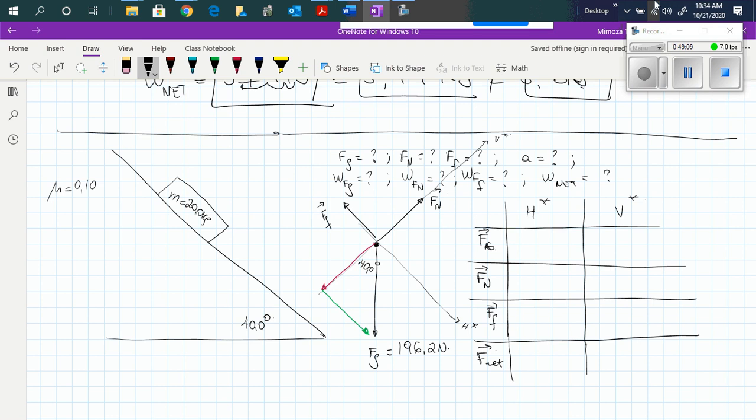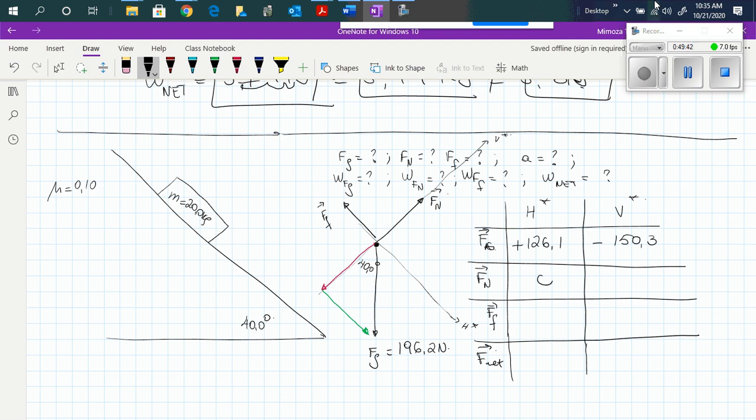So force of gravity in the horizontal will be positive. So it's 196.2 times sine 40. So it is positive 126.1. And the vertical is 196.2 times cosine 40. And it is negative 150.3.